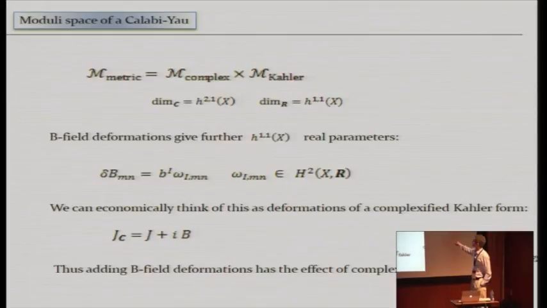So we compare these scalar deformations with B-field deformations. We usually do this by combining the Kähler form with the B-field into a complexified Kähler form, J sub C, and then we just count deformations of this complexified Kähler form. The upshot is that adding the B-field deformations basically has the effect of complexifying M Kähler.